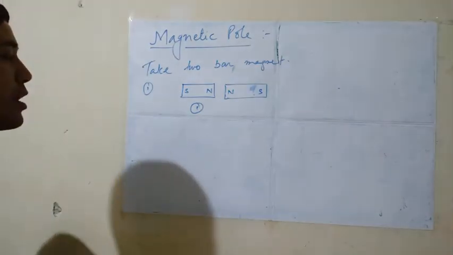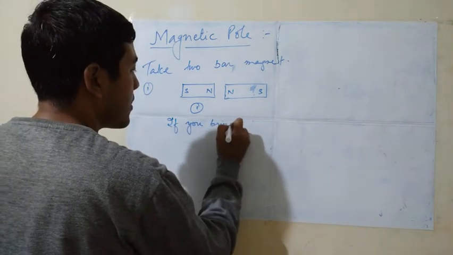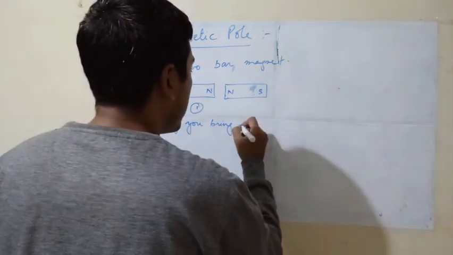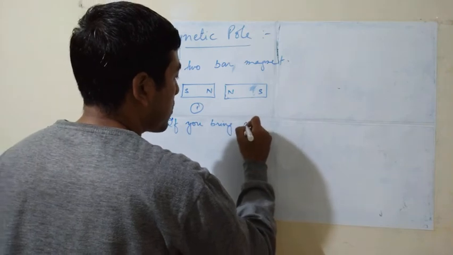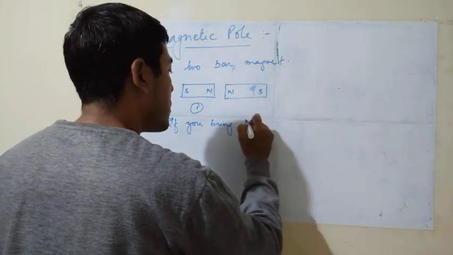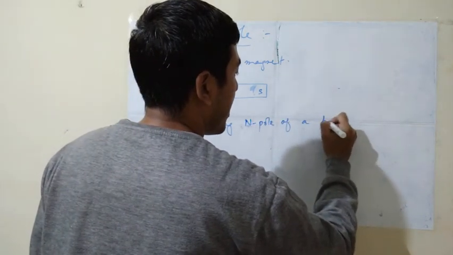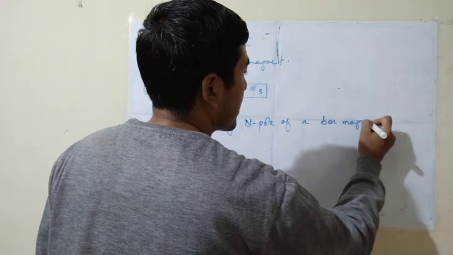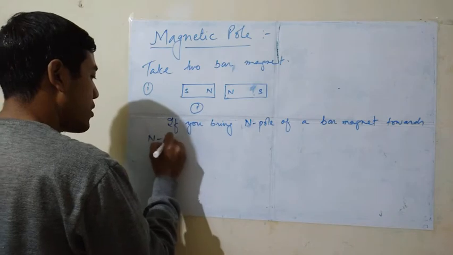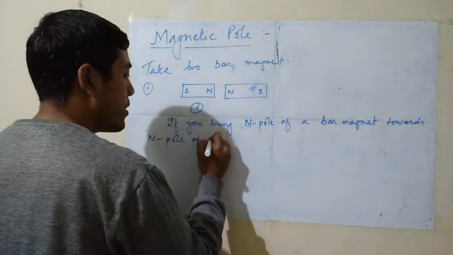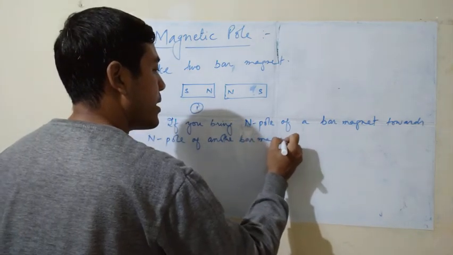What will happen if you bring the north pole of a bar magnet towards the north pole of another bar magnet?